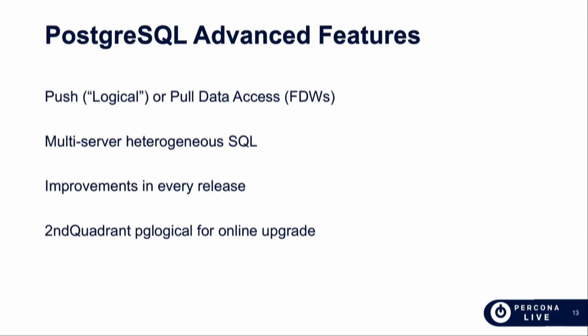So just to finish up talking about the advanced features there, the pull data access allows you to do multi-server heterogeneous queries, and it is designed to push down a lot of the capabilities or the properties of a query directly into the SQL that's pushed down to the remote servers.